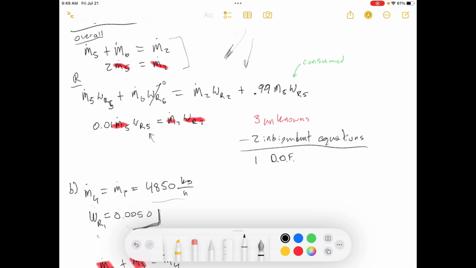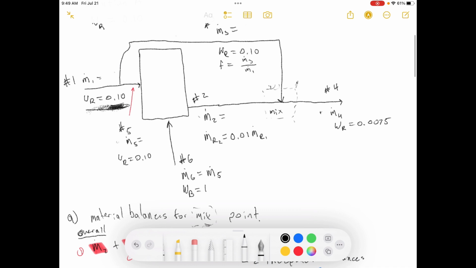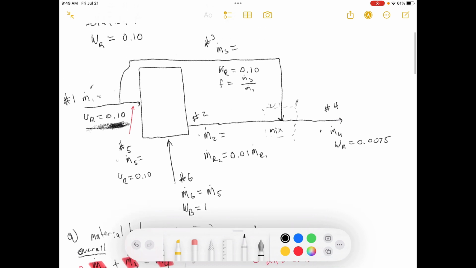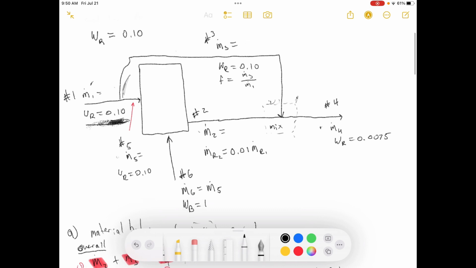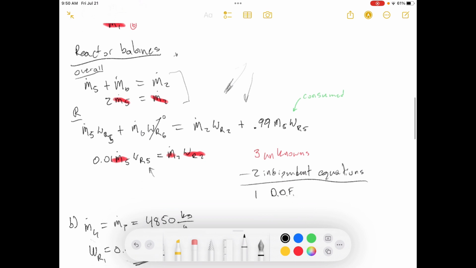Because they told us in part B to calculate M1, or M naught in my notation, and the feed rate. So M1 is M naught in my notation, and not the feed rate, but the fractional amount that splits off at this mixing point, or intersection. So F. We'll get 2 equations with 2 unknowns, the 2 unknowns being M1 and F.